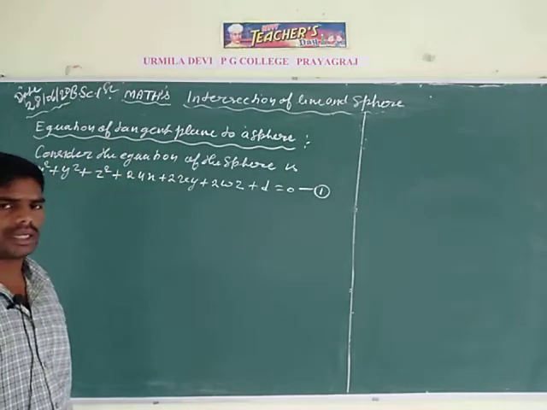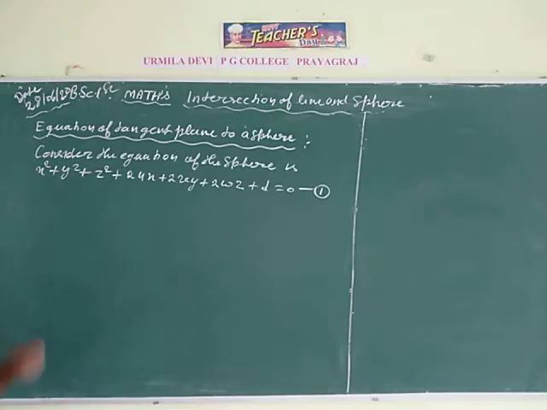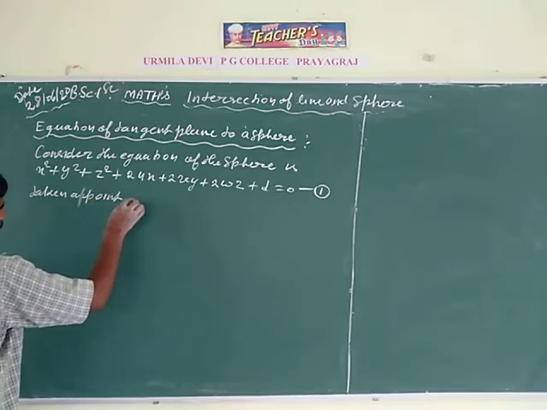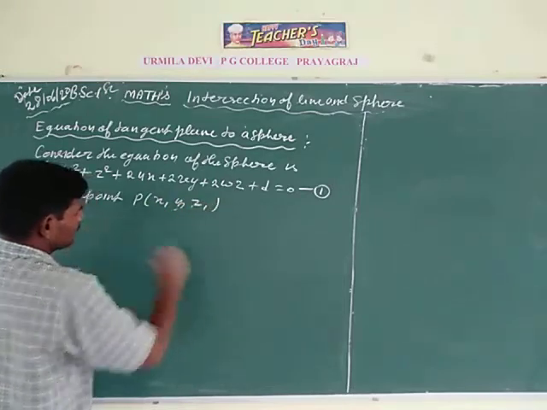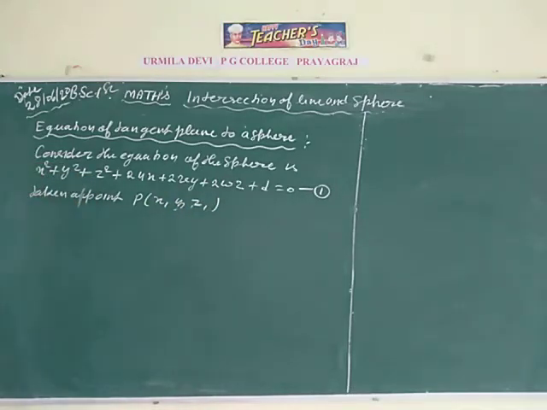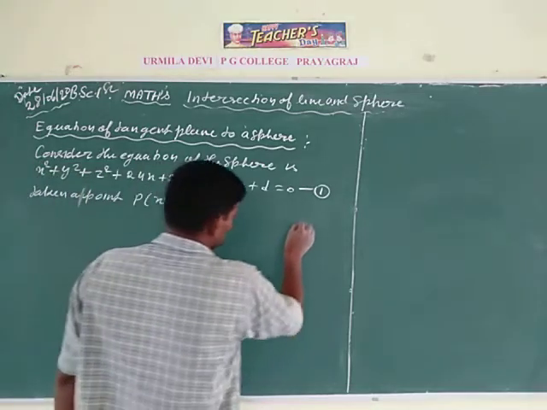For this, take a point. Suppose that the point capital P has coordinates (x1, y1, z1), and we find the tangent plane equation at (x1, y1, z1) to the sphere x² + y² + z² = 0, and for this we draw a figure.